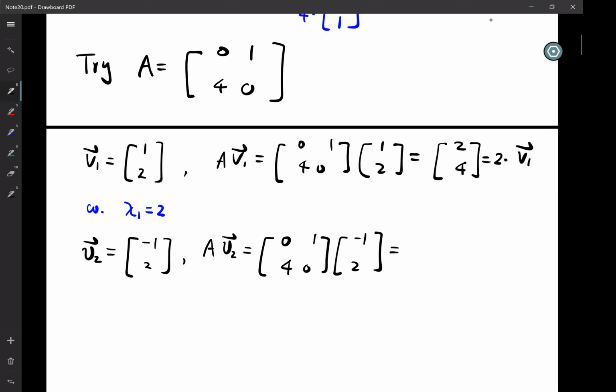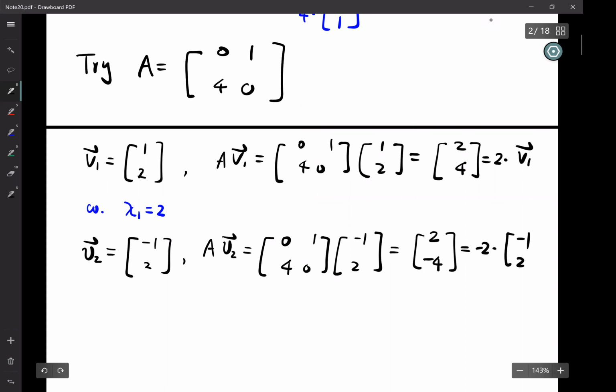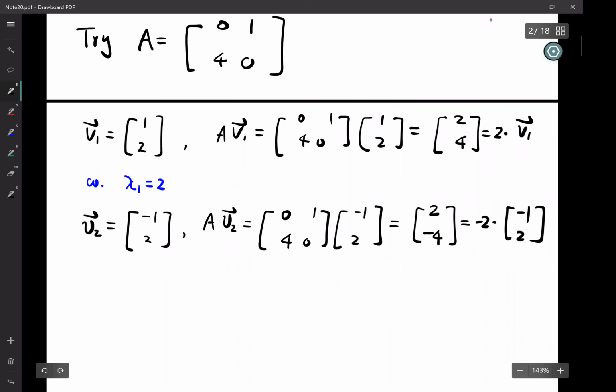So this is -4 plus 2, so this is -2, and then the second one is 2, and this one is -4 times 0, and therefore this is -2 times (-1, 2). So V2 is indeed an eigenvector with eigenvalue -2.